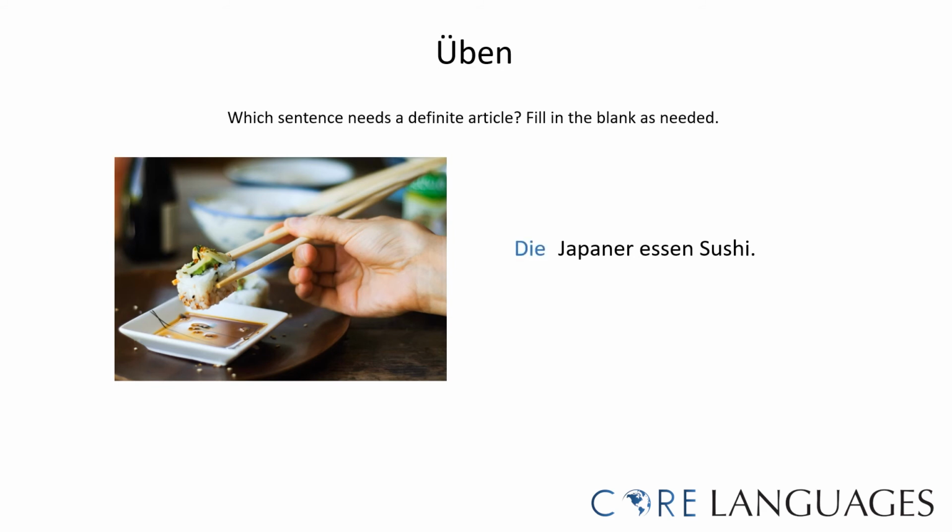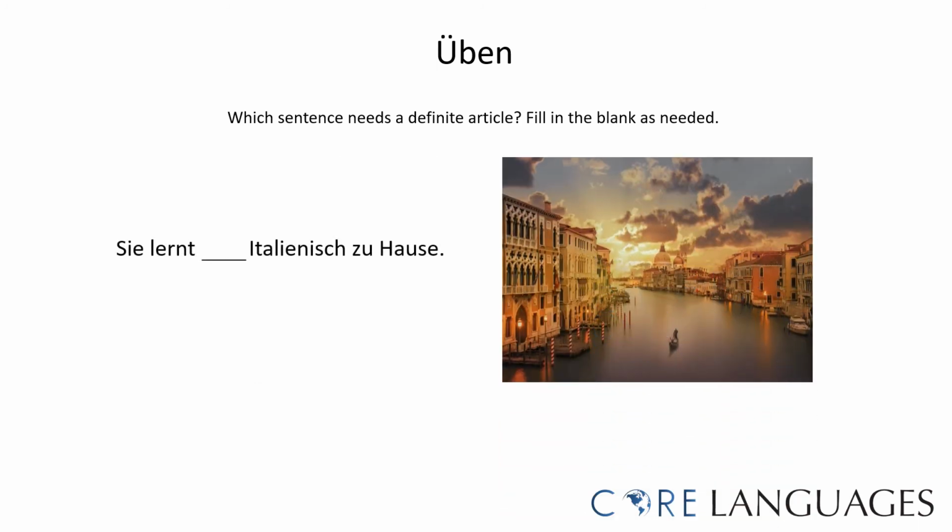We would say die Japaner essen Sushi. Sie lernt Italienisch zu Hause. She learns Italian at home. We don't use an article for this example. Sie lernt Italienisch zu Hause.